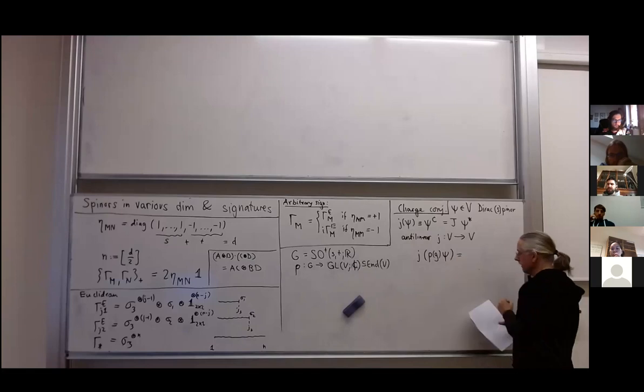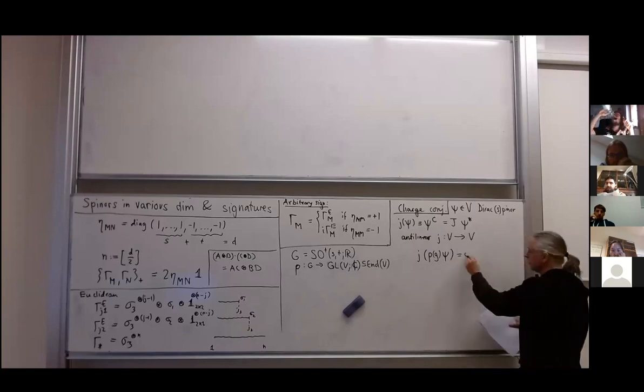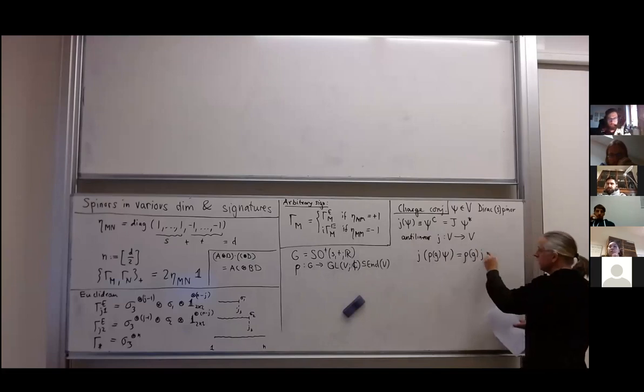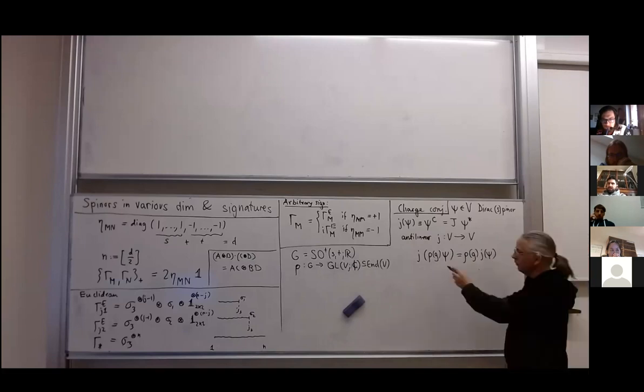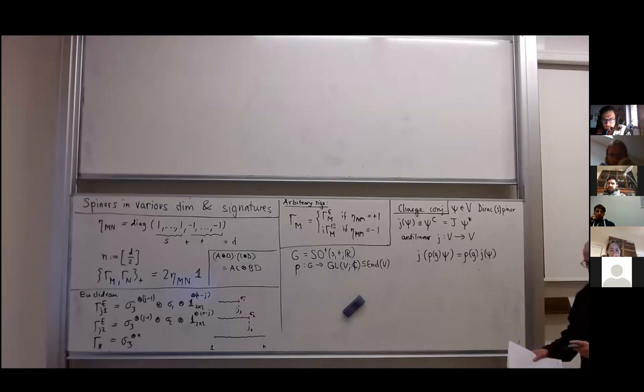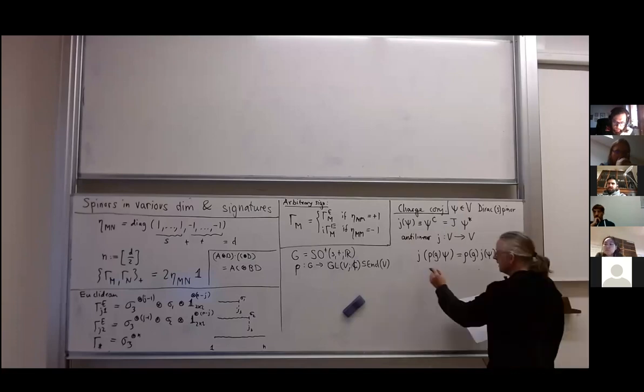Or I made a mistake. So this should be equivariant. We would have to impose that it doesn't matter whether we take the charge conjugation before or after we act with the group. Does that make sense? And now we can just use the definitions.